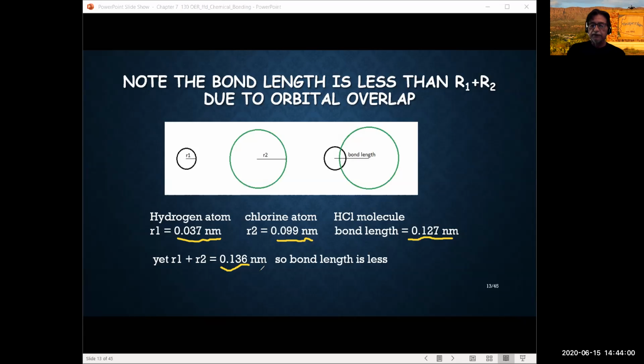So what that tells us is that there is overlap. And that's what we have right in here, overlap. Since they're forming a bond, some of the electron density of the hydrogen is overlapping with the electron density of the chlorine, in this case chloride, to form a bond, and they're sharing that bond.